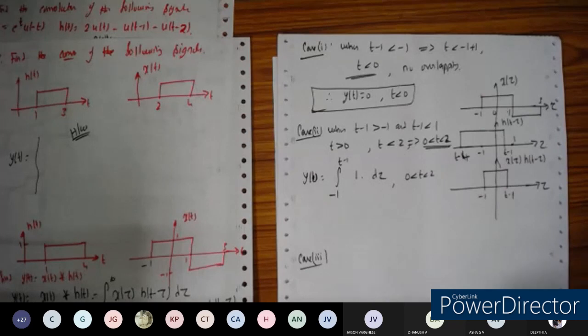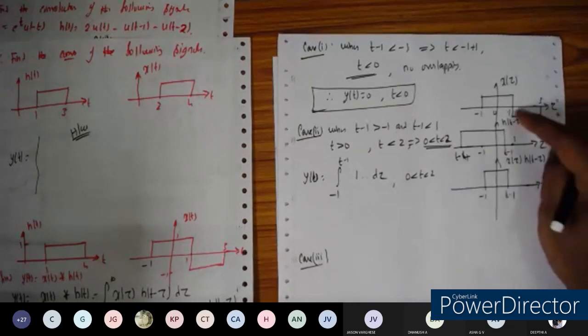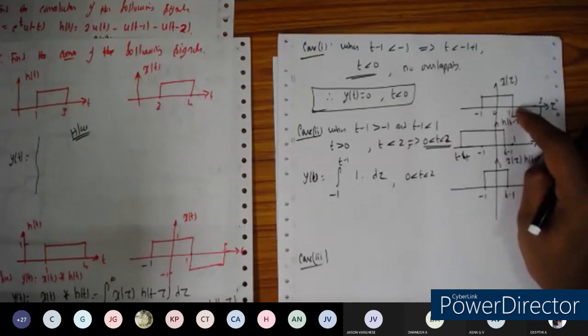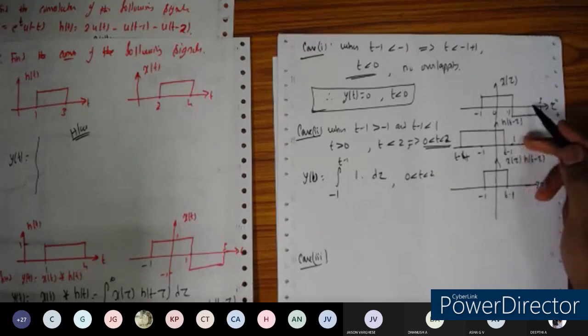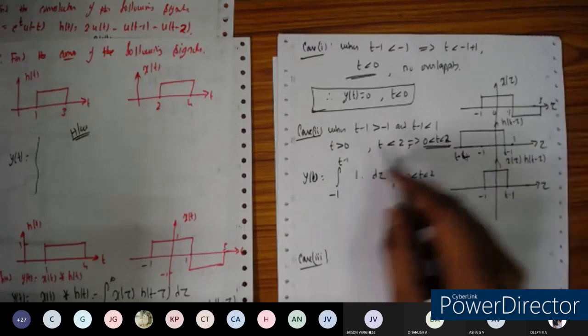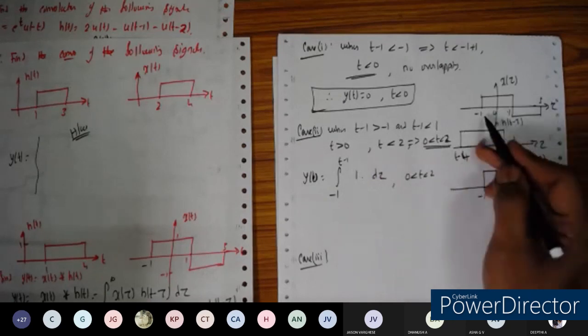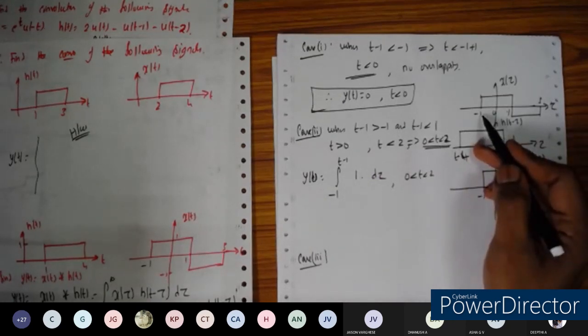Done, right? So I'm going to take the next case. The next case is t minus 1 greater than 1, and t minus 4 less than -1.